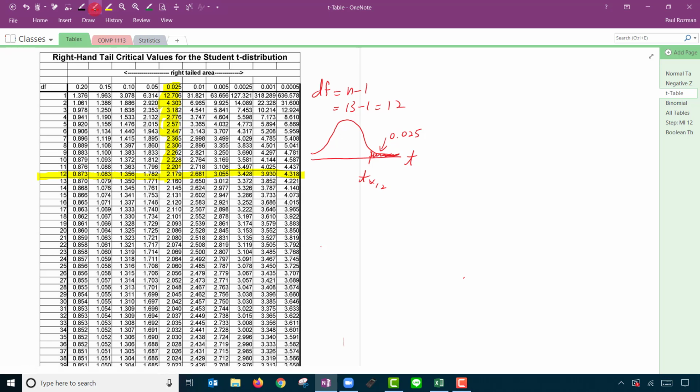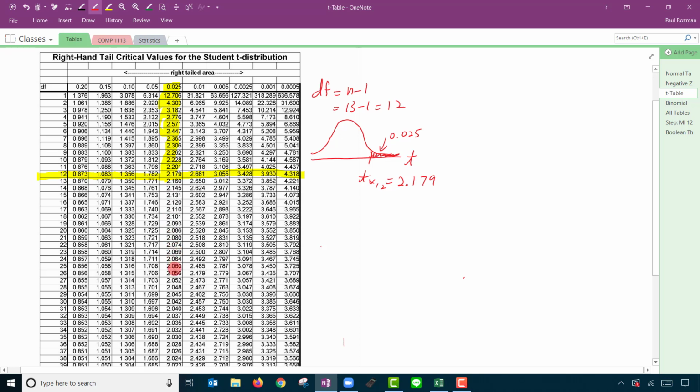And no surprise here, the number is pretty close to 2. You know how we've been sort of using, when we've been doing 95% from the empirical rule, we just called this 2. Well, the t-distribution lets us use slightly different values than that, depending on what the sample size is.